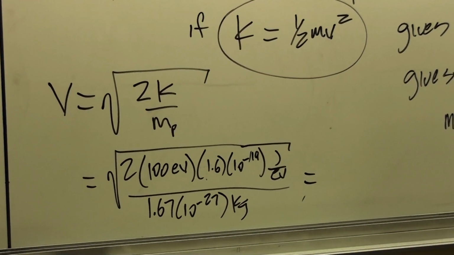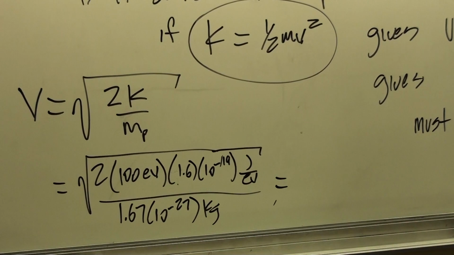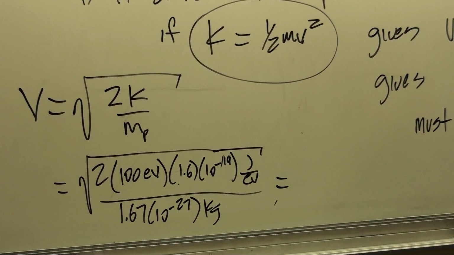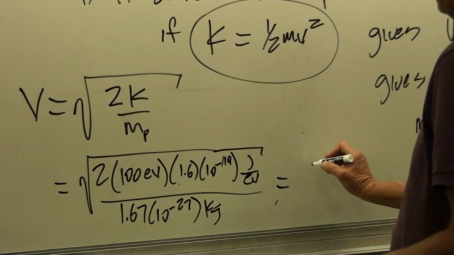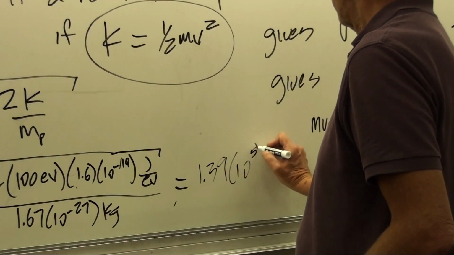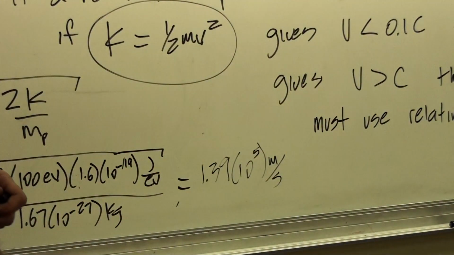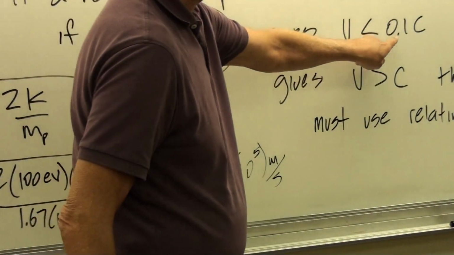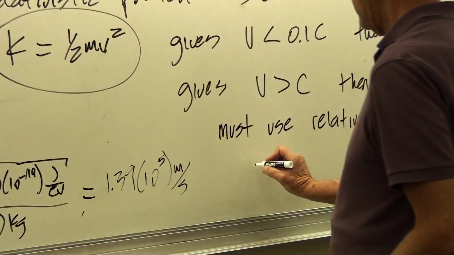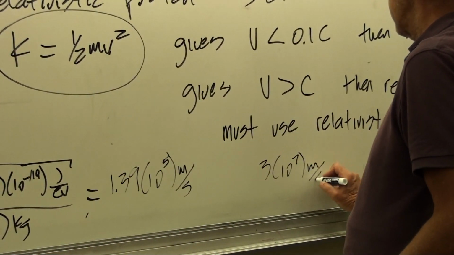All right, so what that's giving me here is 1.39 times 10 to the 5 meters per second. And so you go, well, that's fine because 0.1 c is 3 times 10 to the 7 meters per second.